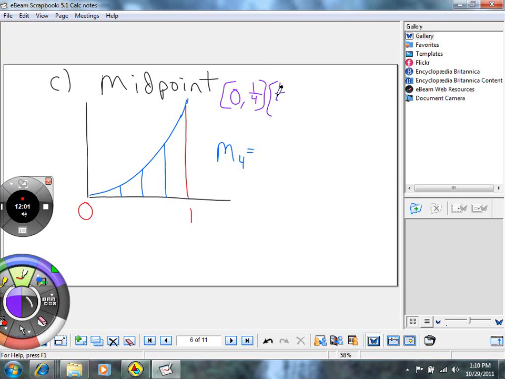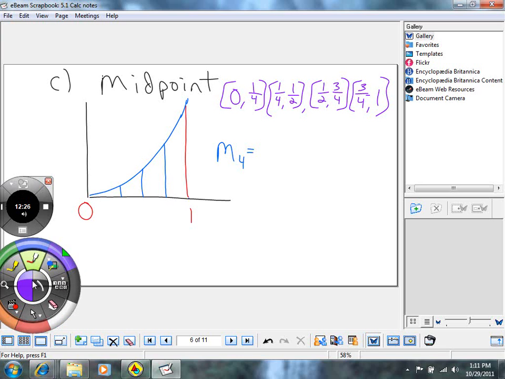And let's write the interval once more. Good. So now I'm going to pretend like the rectangles are as tall as the middle.